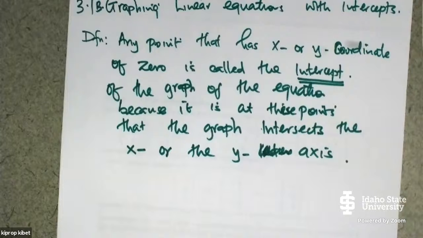So we have two intercepts: the x-intercept and the y-intercept. For the x-intercept, that is a point where y is equal to 0. And for the y-intercept, that is a point where x is equal to 0.